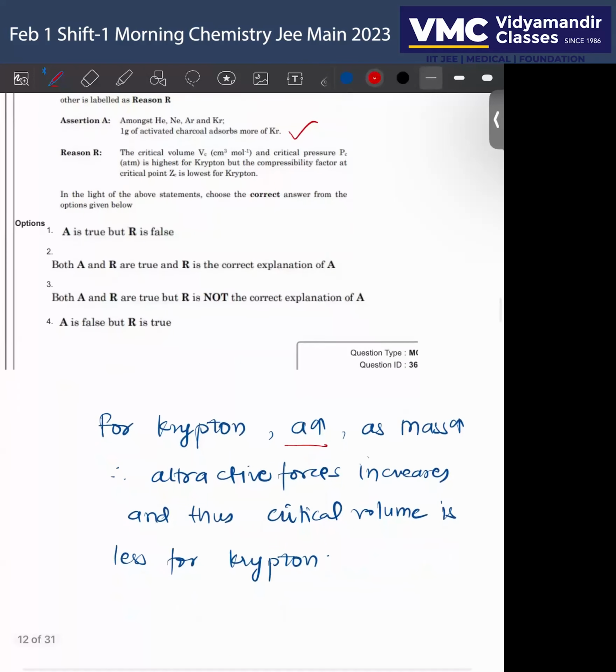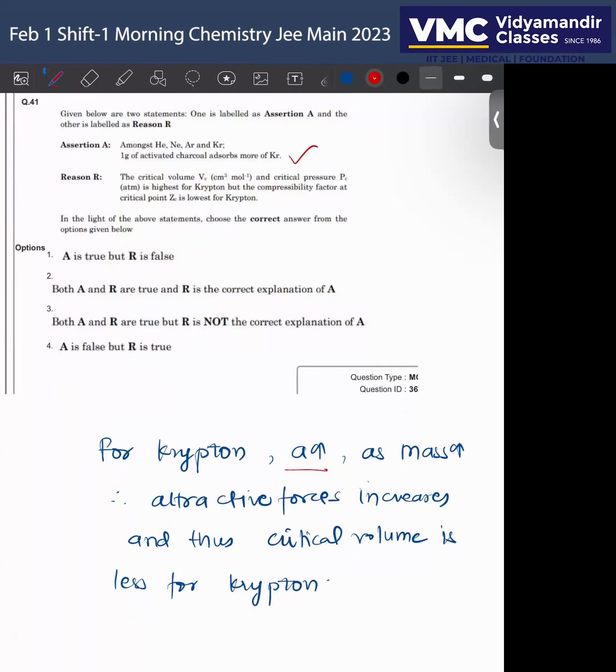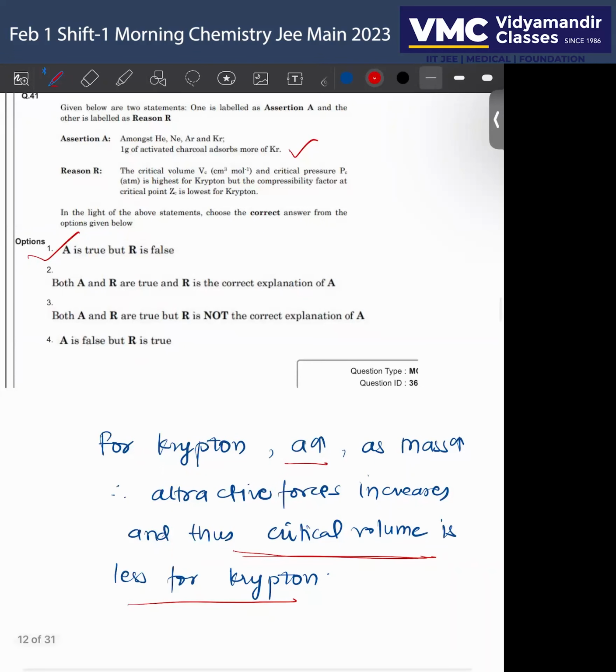The reason says that the critical volume and critical pressure are highest for krypton. This is not correct because krypton has higher mass and therefore the attractive force increases. As the attractive force increases, the critical volume of krypton decreases, and hence the reason is not correct. Therefore, the assertion is true but the reason is false. Option number 1 will match here. So 1 is the correct answer.